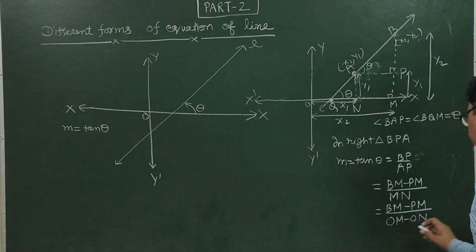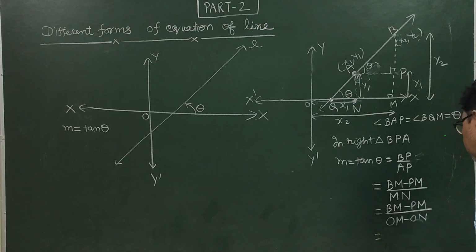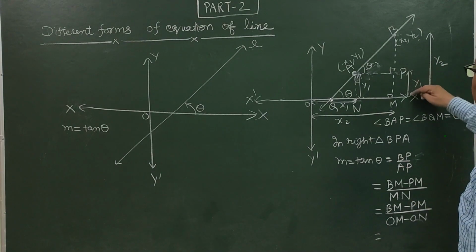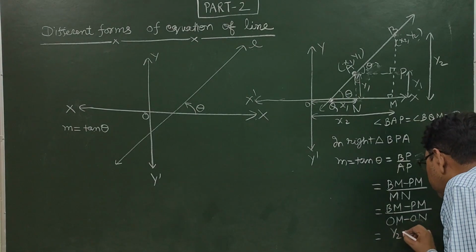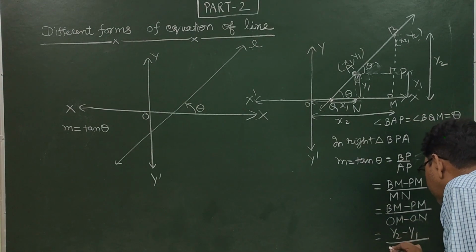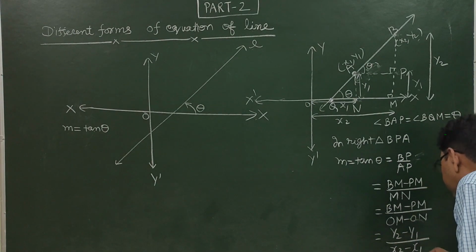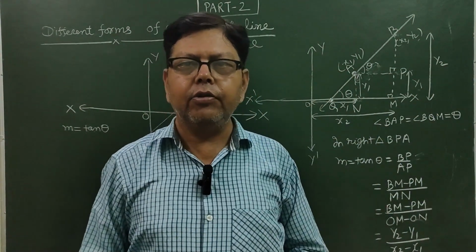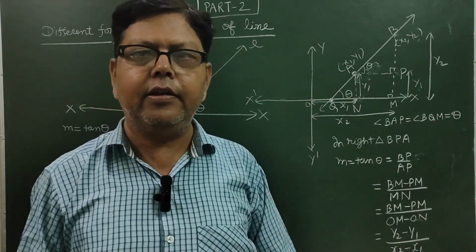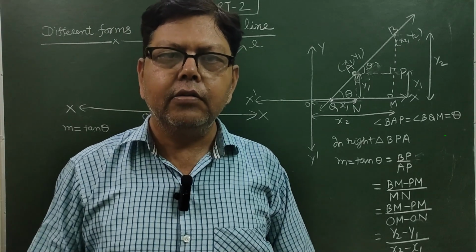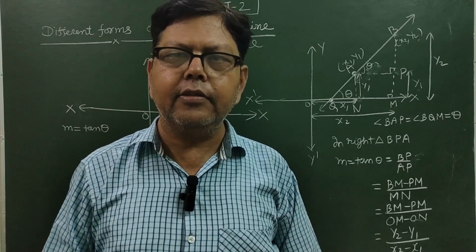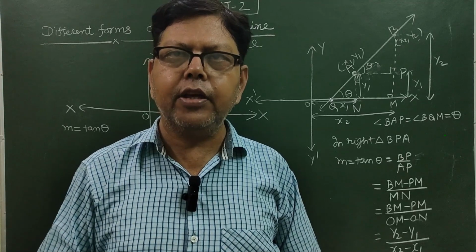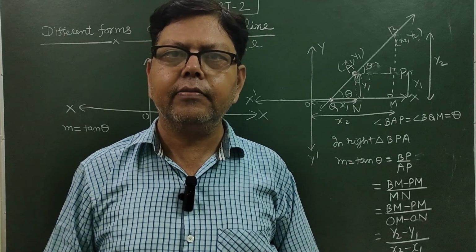So putting the values, m is equal to y2 minus y1 upon x2 minus x1. So in terms of the coordinates of 2 points, we can find the slope of a line: the difference of the y coordinates divided by the difference of the x coordinates.